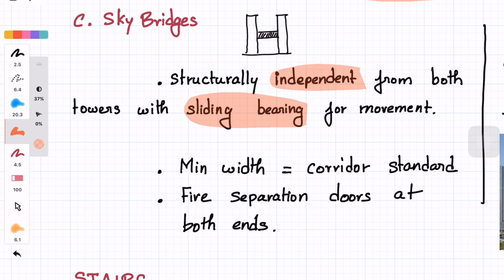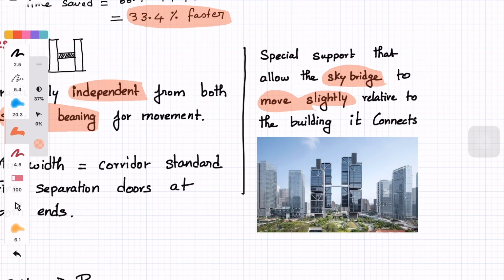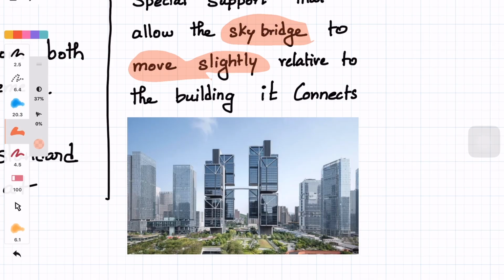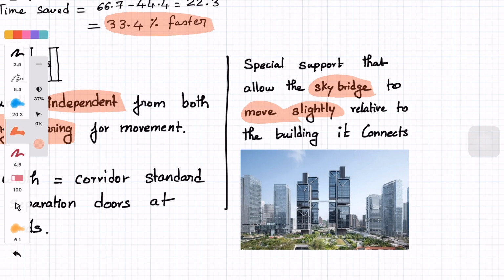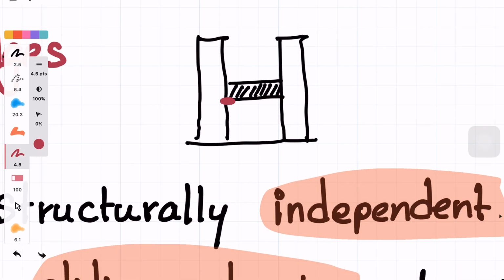What is slide bearing? Slide bearing is a special support that allows the sky bridges to move slightly relative to the building it connects. The main purpose is that buildings generally sway or expand or contract due to wind, temperature changes or seismic activity.